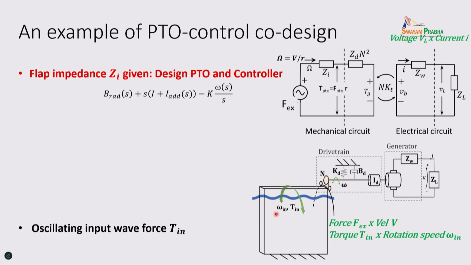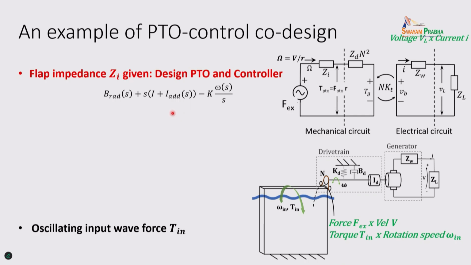I show you the flap rotates, then drives a generator. In the system there is mechanical damping, and you can have mechanical stiffness. The generator generates a voltage. However, you have generator internal impedance. And let us go one by one.